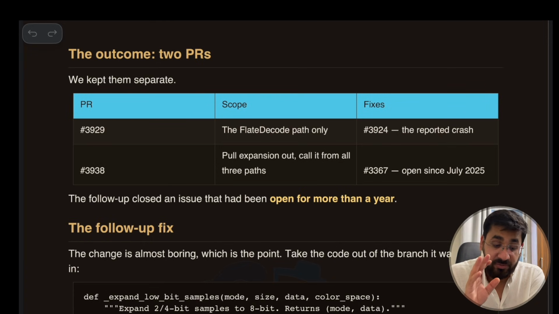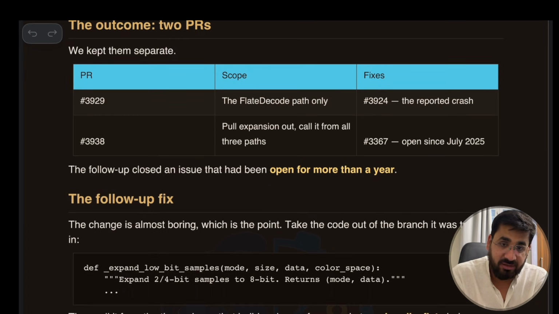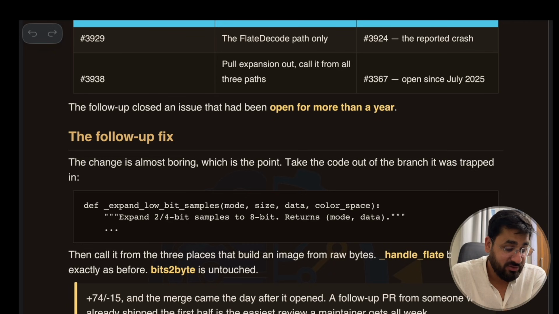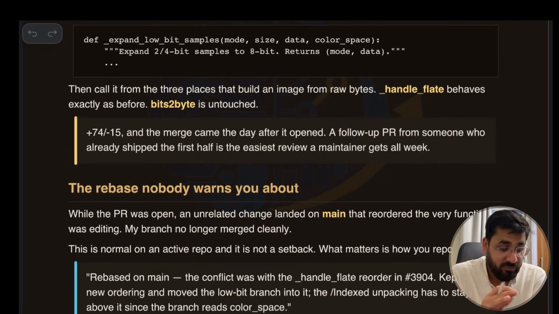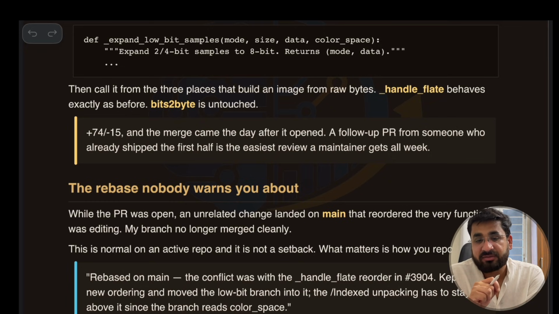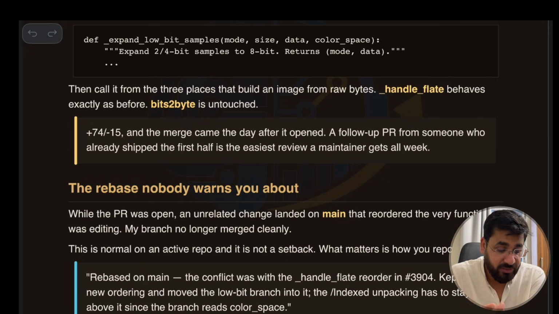I missed it, and he also missed it. Now the follow-up things happened. I provided the fix, acknowledged what he said, reproduced it, and then asked him how he wants to handle it, as a new PR.